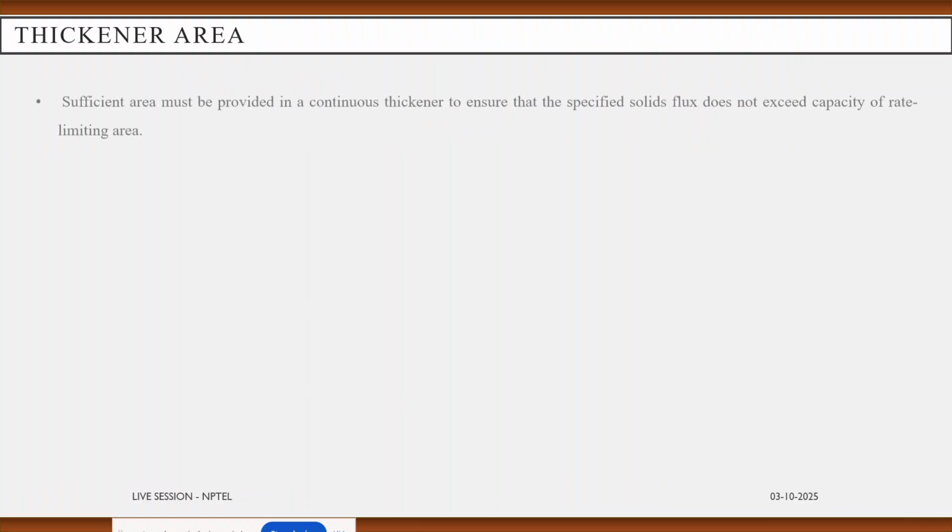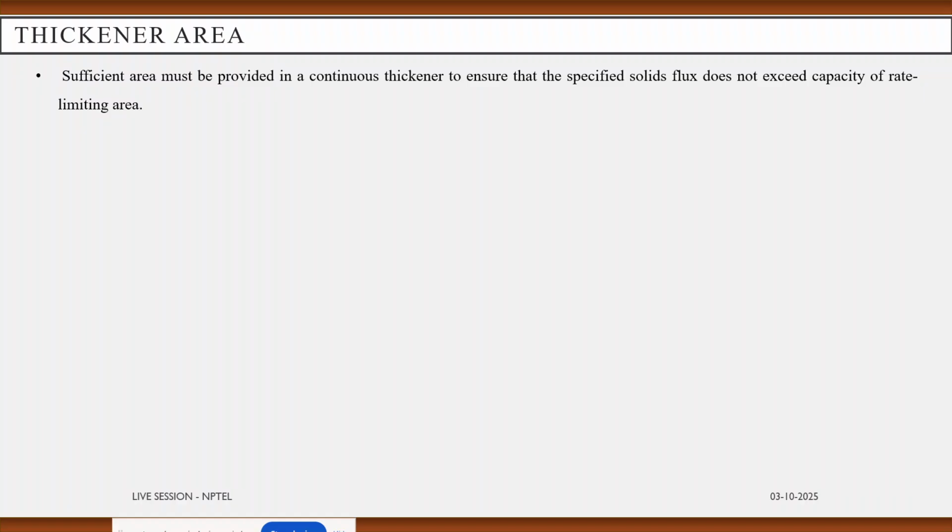So now when we want to design it, we got how the rising velocity is connected to the concentration in that particular layer.